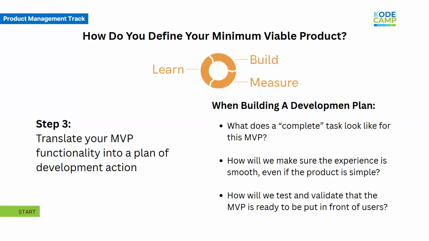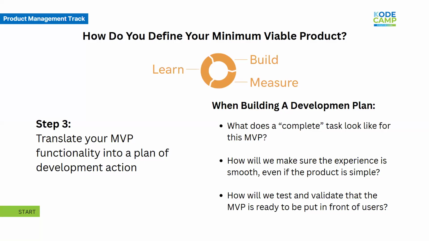Putting everything I have said together, defining your MVP is a strategic exercise. It requires you to understand your business's objectives, right? It requires you to understand your users' needs, and it requires you to have the discipline to say, we will build just enough to learn, no more, no less.